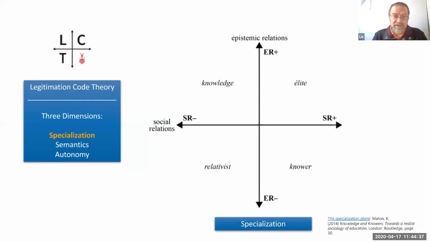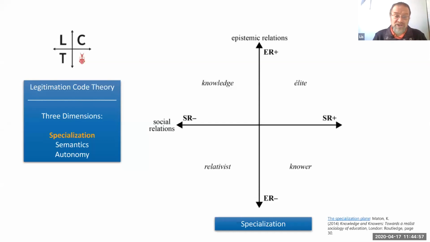In other words, it has epistemic relations, which on this diagram you can see represented on a spectrum from very strong at the top and weak at the bottom. In other words, very strong, the knowledge is important in a particular field, or very weak, knowledge is not particularly important in a field.